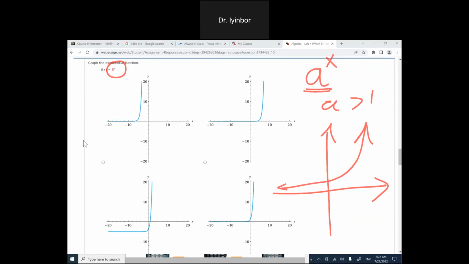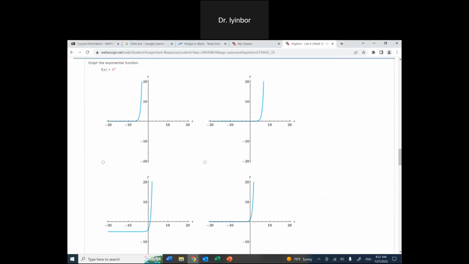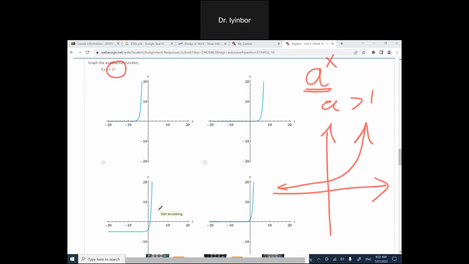So this is the x-axis. So the graph is never going to cross the x-axis. And this is the y-axis, you know that. And it's always going to cross the y-axis at 1.